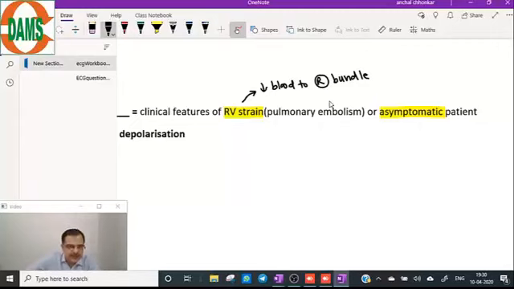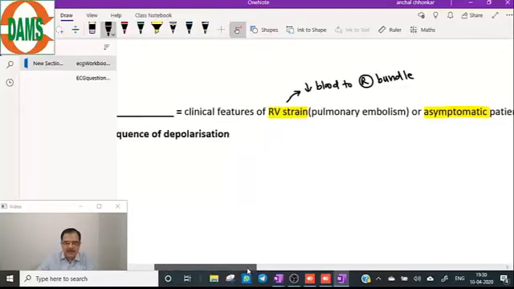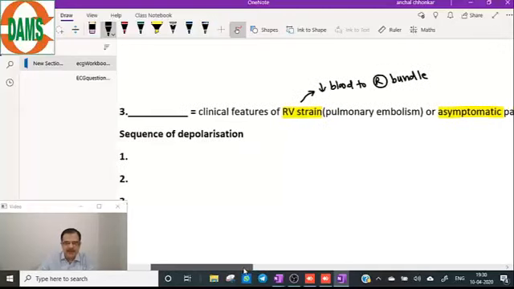Workload will increase. Ischemia occurs, and there is decreased blood to the right ventricle. So this very important clinical history given: pulmonary embolism leading to right ventricle strain, or the patient can be totally asymptomatic.